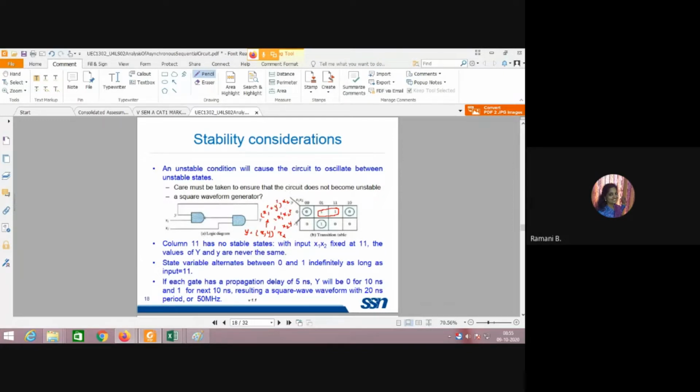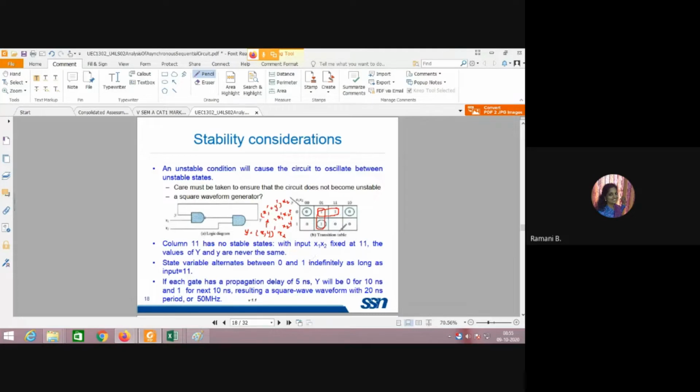So x1 bar x2 plus x2 y bar. Okay. So this corresponds to x2 y bar, and this corresponds to x1 bar x2. Okay, so the transition table is given like this. Remaining places we fill with zeros. Wherever small y and capital Y are the same, we give the circles. Other places it will be as such.